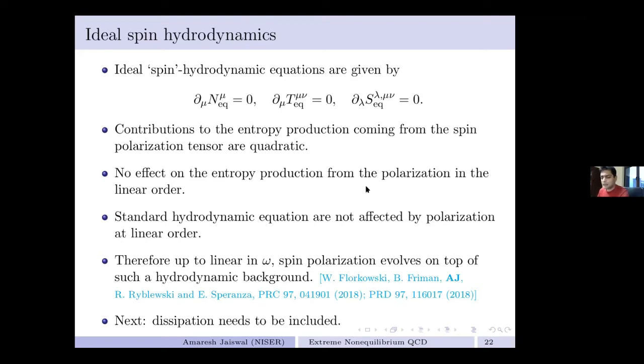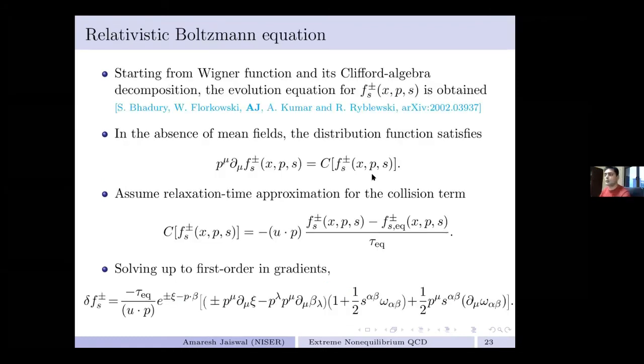So next, we will try to include dissipation. How do we do this? Since we are dealing with a distribution function, we would like to have an evolution equation for it, something like a Boltzmann equation.